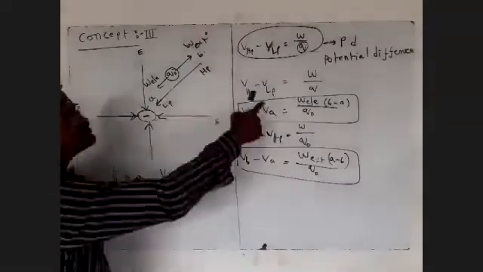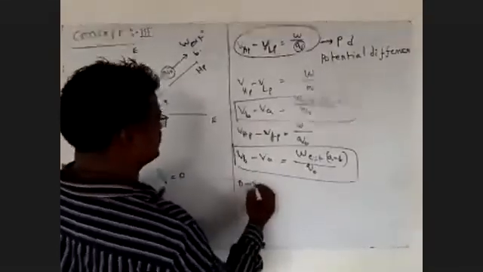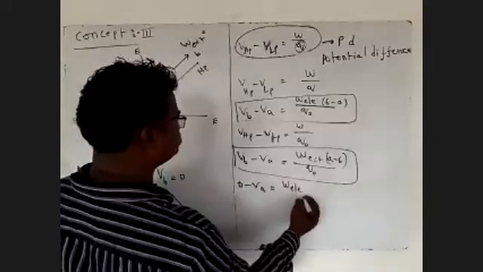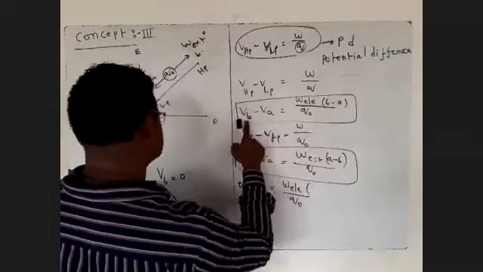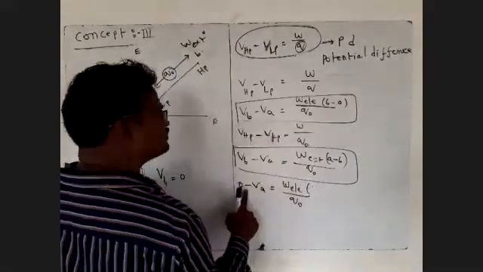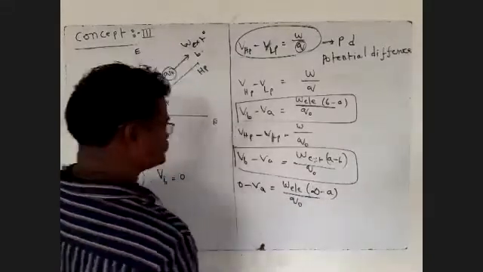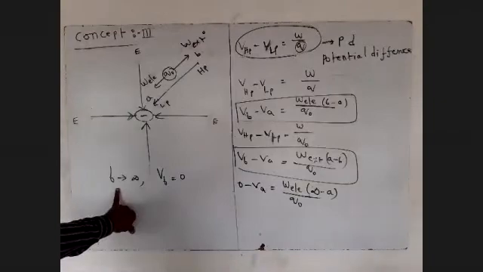Putting this value in the equation, what are we getting? VB, which is 0, minus VA is equal to W electric by Q naught.